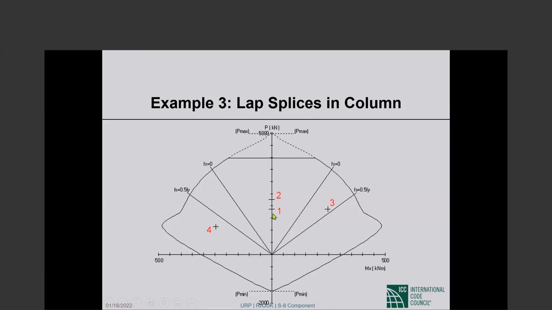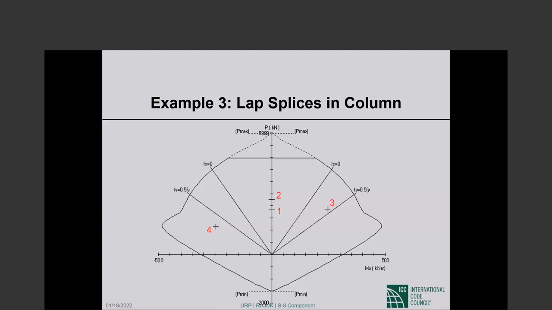Under the first two load combinations, we have only compression in our column bars. So we can go for compression lap splices. There was a question one of these days: can column bars have compression splices? My answer was, only if under all the load combinations you have only compression.